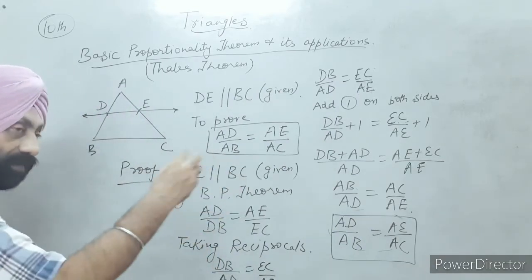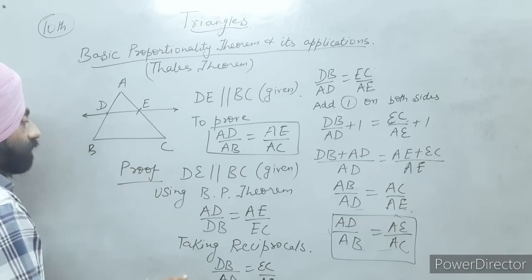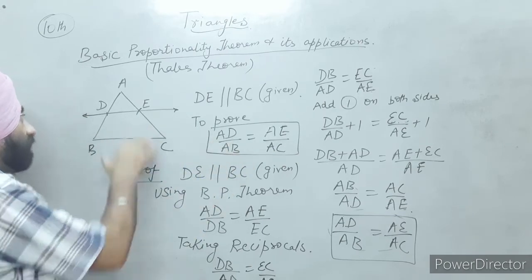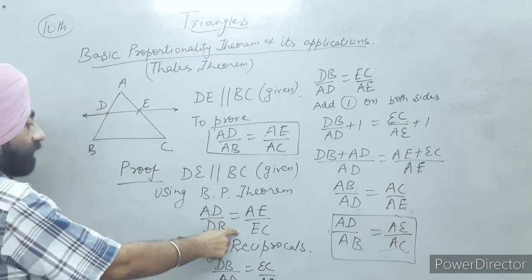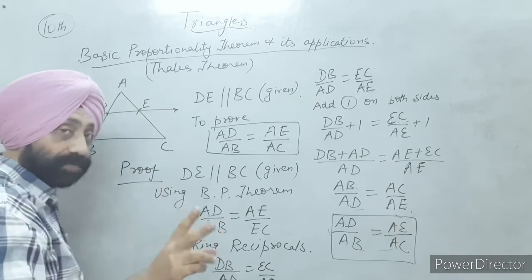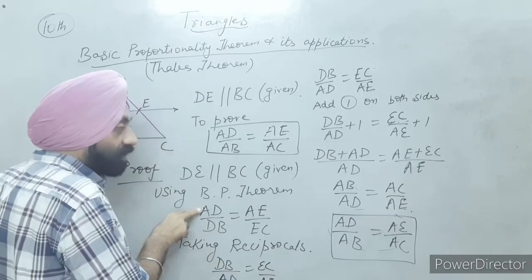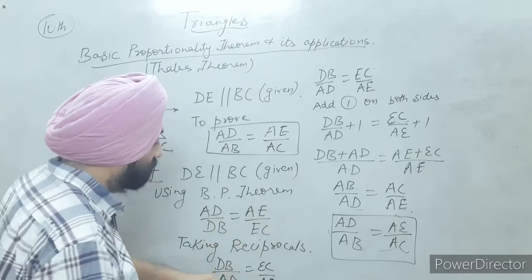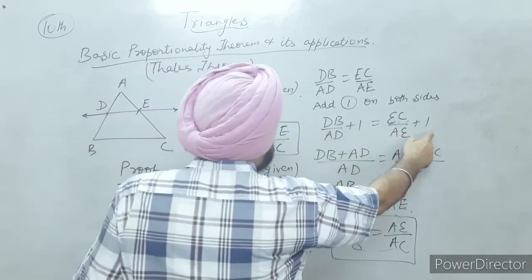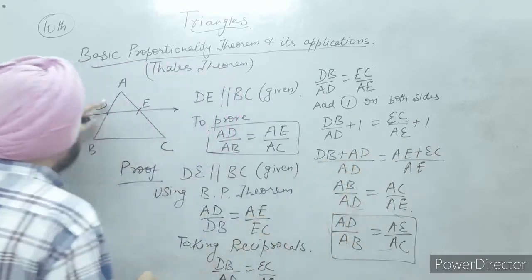Now what I have done, I will again repeat. DE is parallel to BC. This is given to us. Using the basic proportionality theorem, AD upon DB is equal to AE upon EC. Take the reciprocals of both the sides, then add 1 on both sides. You take the LCM. What is DB plus AD?